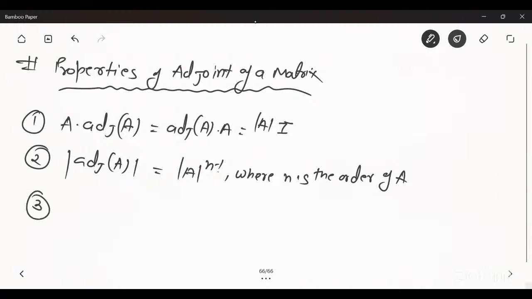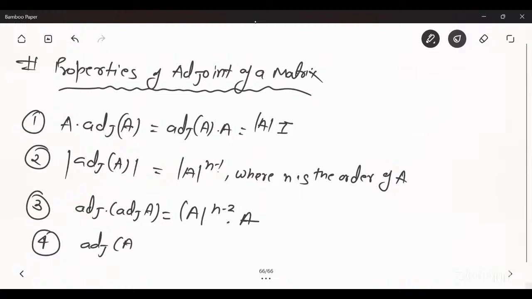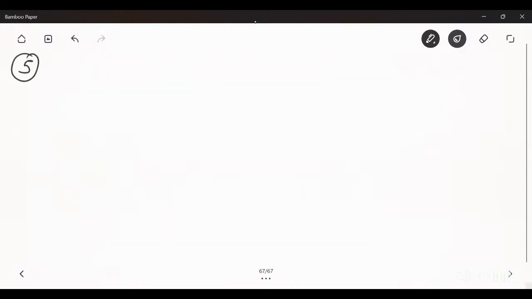Third property is adjoint of adjoint A is equal to mod A to the power n minus 2 into A. Fourth one is adjoint of A into B is equal to adjoint B into adjoint A. Fifth property is adjoint A whole transpose is equal to adjoint of A transpose.